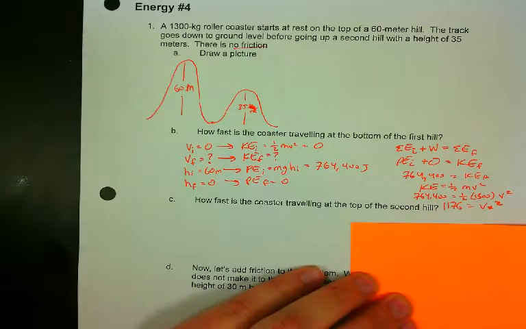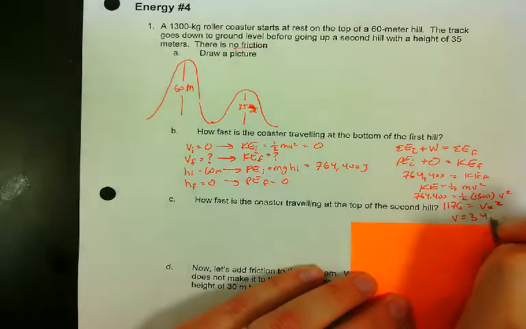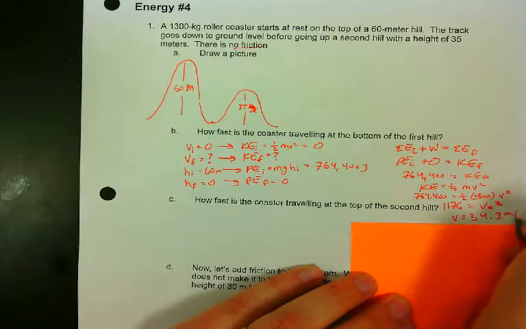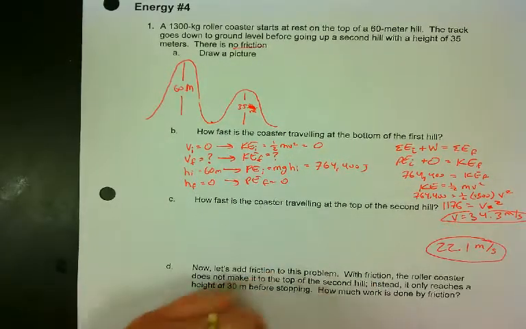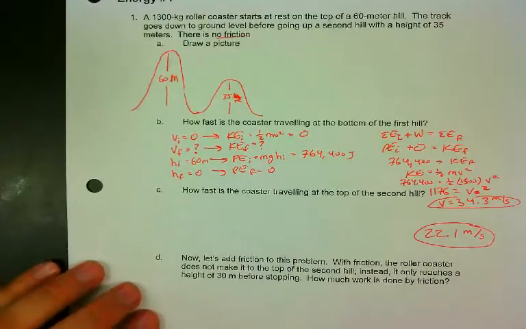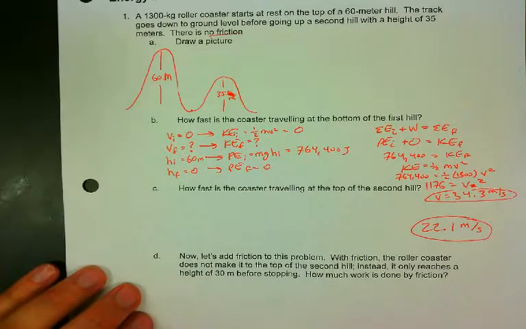And then if I square root both sides, I've got that v is 35.3 meters per second. So that's just to make sure you're good on that. And then if you went on to part C, you should have got 22.1 meters per second.